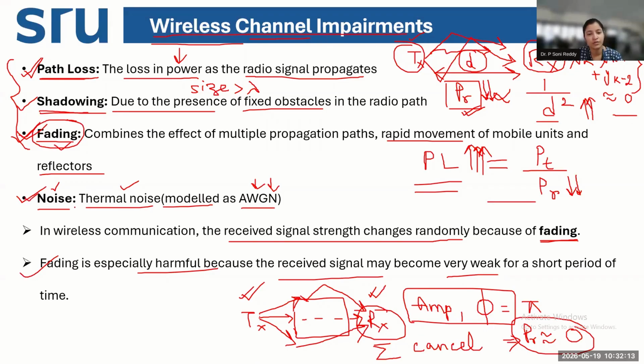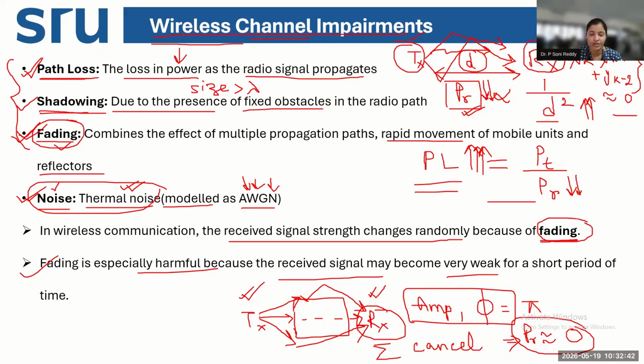Noise is any kind of unwanted signal which is present in your transmitted signal, or is introduced in the wireless communication channel. Apart from this, you also have thermal noise, which is introduced due to environmental factors. All different types of noise are categorized or modeled as additive white Gaussian noise. Now, amongst all those effects, the most important effect that hampers the signal is fading.